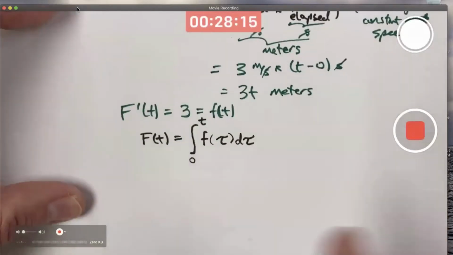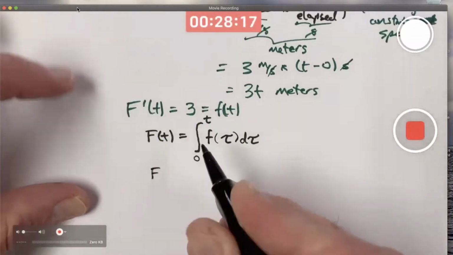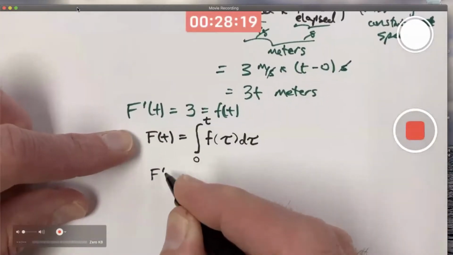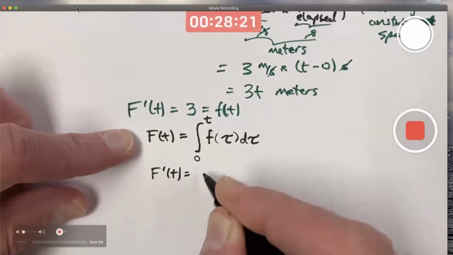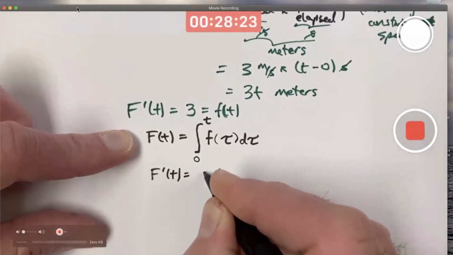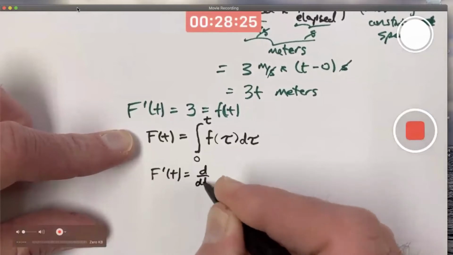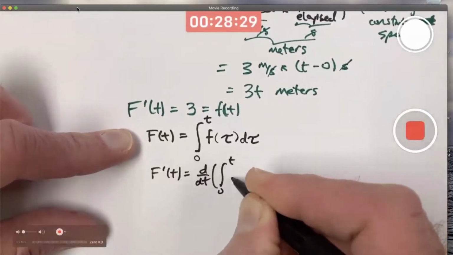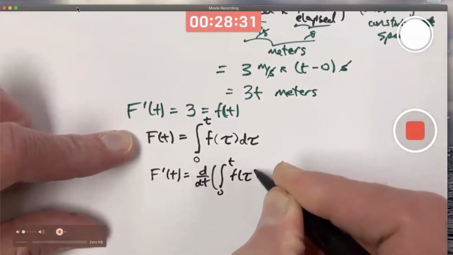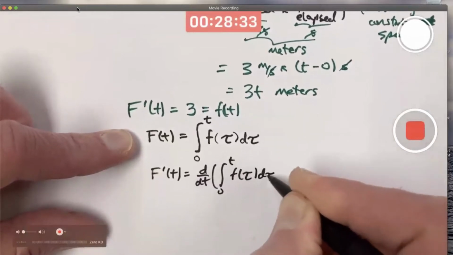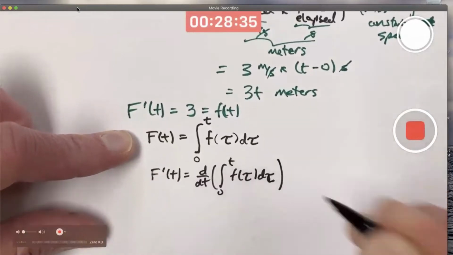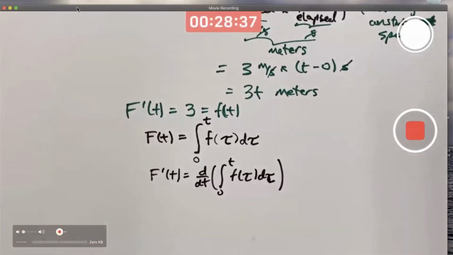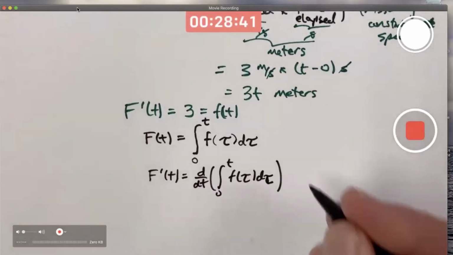It's this. The derivative of this function, capital F, which you could also write as the derivative with respect to time of the integral that defines capital F. Make sure you use the taus instead of t's there. Is what?